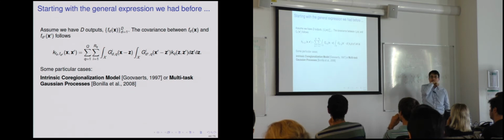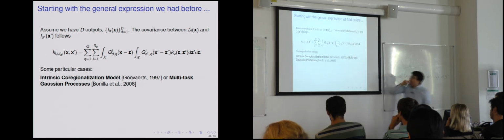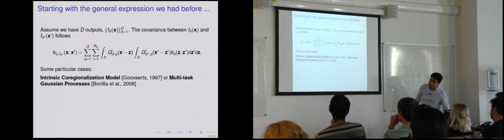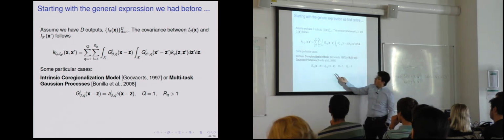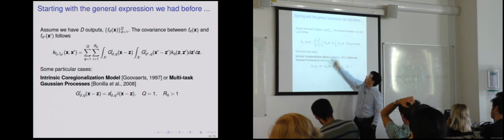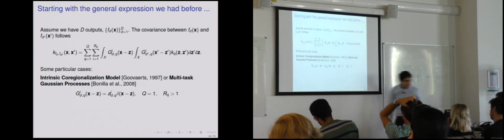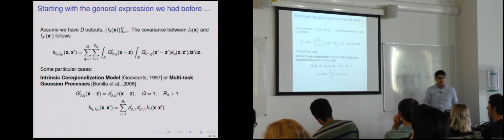And if I want to get rid of this convolution, then I say that the smoothing kernel is just a Dirac function. If I plug this Dirac function here, then I get the expression for the ICM model.